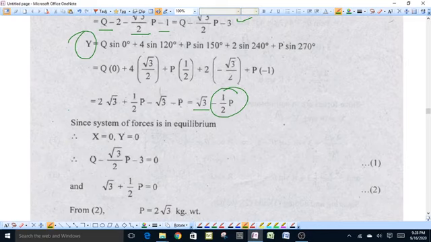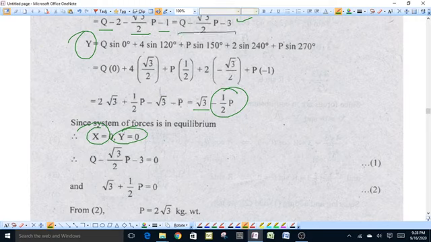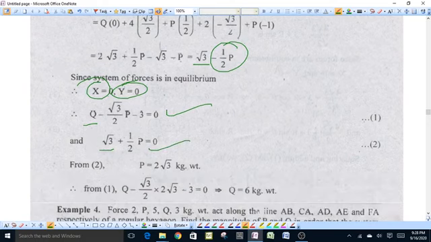This means capital X equal to 0, capital Y equal to 0. Putting capital X equal to 0, this gives Q minus root 3 by 2 P minus 3 is equal to 0, and root 3 plus half P is equal to 0. From these two equations we get P and Q.